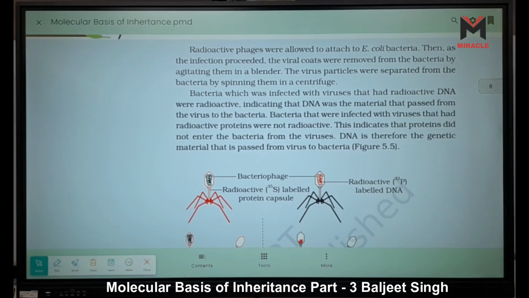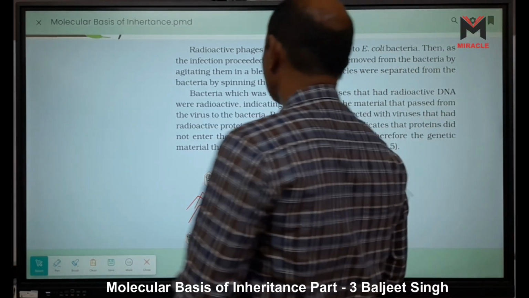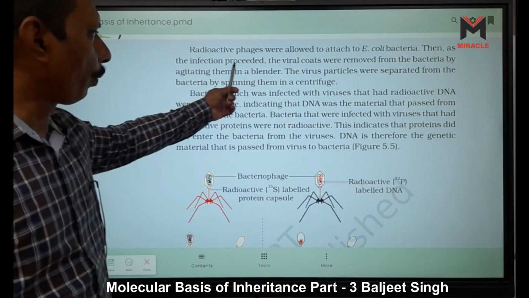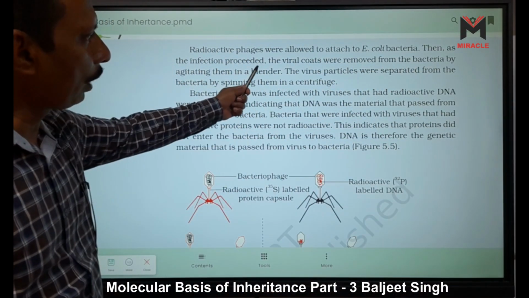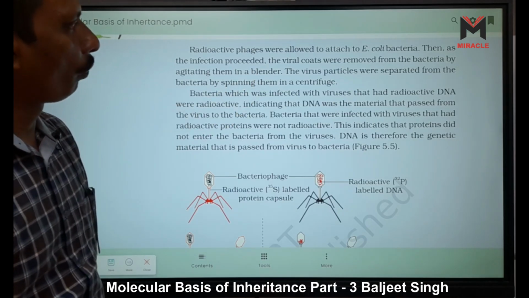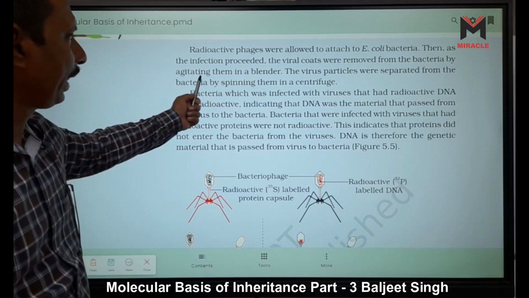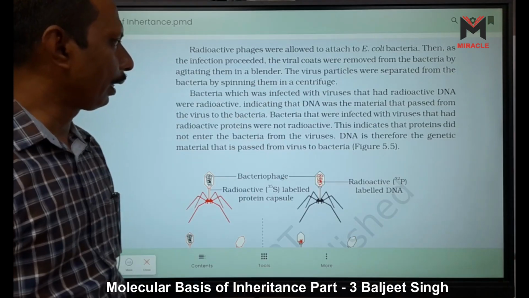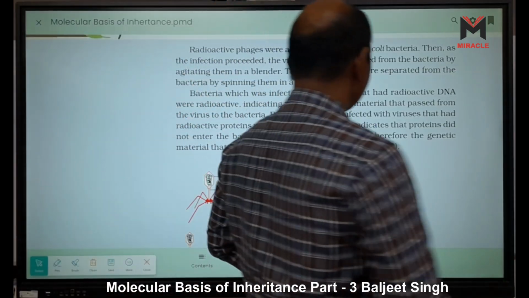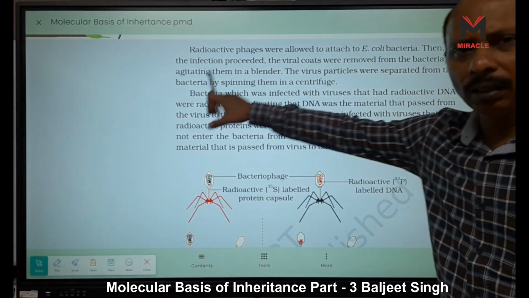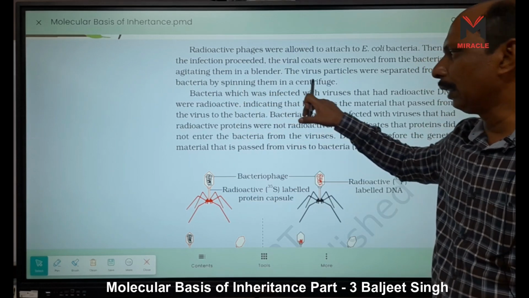Radioactive phages were allowed to attach to E. coli bacteria. Then the infection proceeded. The viral coats were removed from the bacteria by agitating them in a blender. The virus particles were separated from the bacteria by spinning them in a centrifuge.